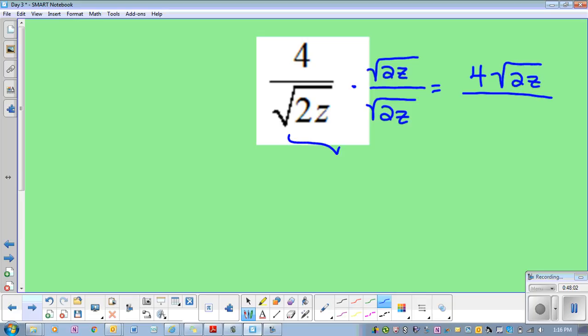Do you guys see the pattern? Square root of 2z times square root of 2z, the radical just goes away and you get 2z, right? So if it was square root of x times the square root of x, it is x. And just to write it out, this would be the square root of 4z squared, which would be 2z.